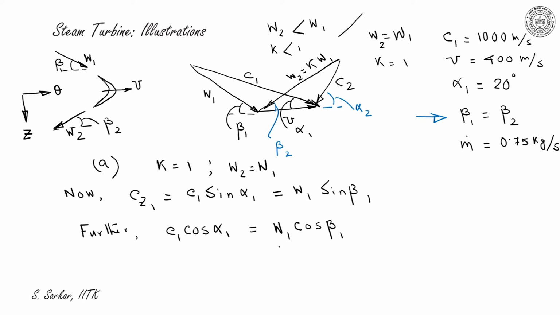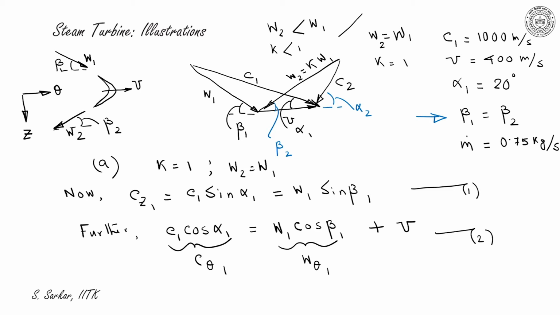W1 cos beta 1 is equal to W theta 1. This is C theta 1, that should be plus U. So C theta 1 is equal to W theta 1 plus U, that you can see from the velocity triangle. So this is my equation number 1 and this is equation number 2.